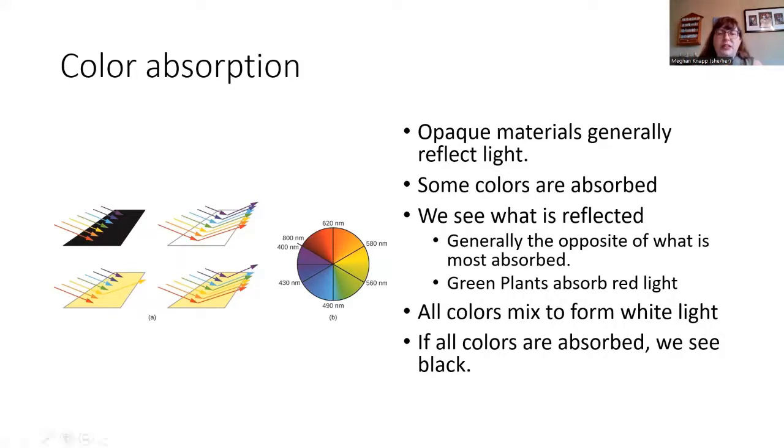So if we look at this circle here, this is a color wheel that shows colors that are primary and colors that are secondary. So I'm going to use our basic elementary school definitions here. So red, yellow, and blue being our primary colors. We mix red and yellow to get orange. We mix blue and yellow to get green, that kind of thing.